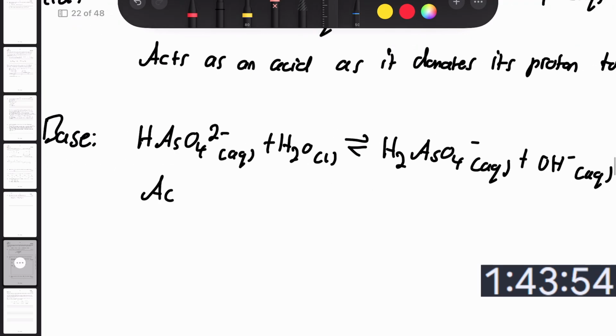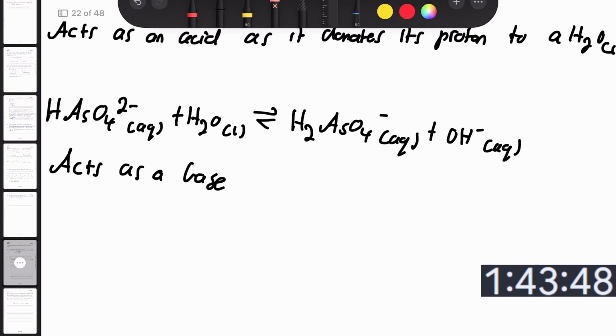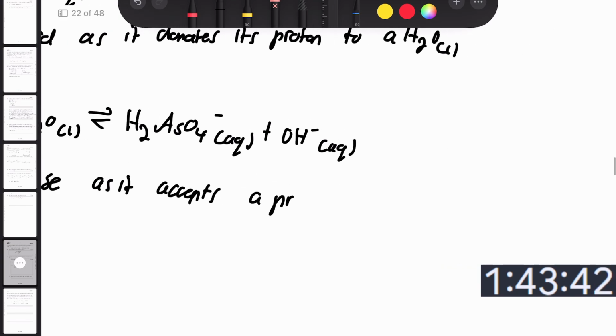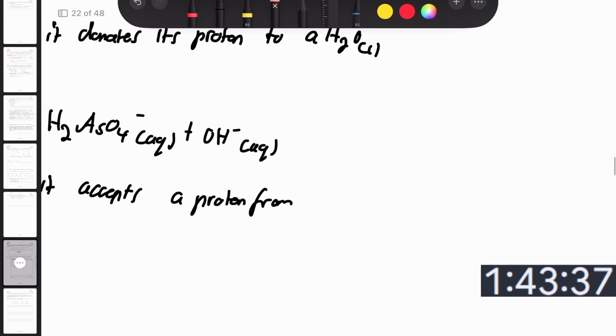Acts as a base as it accepts a proton from H2O.